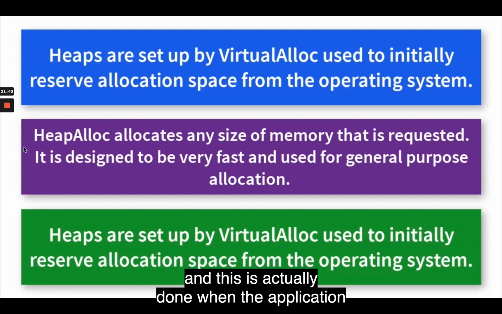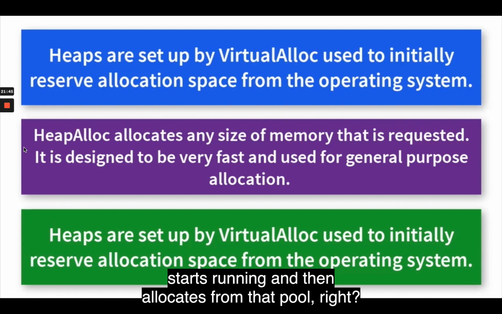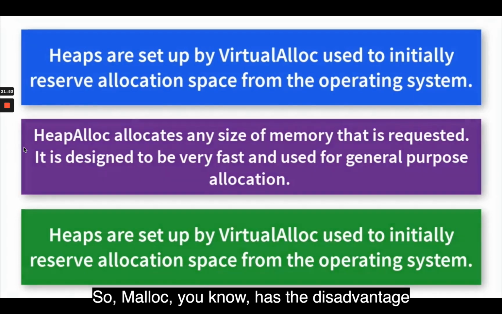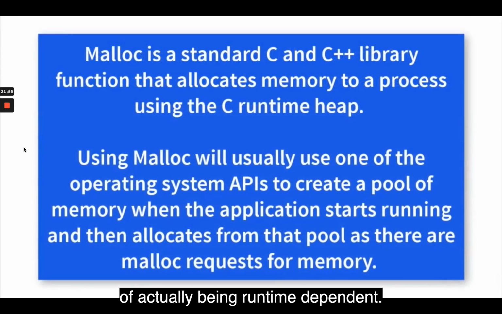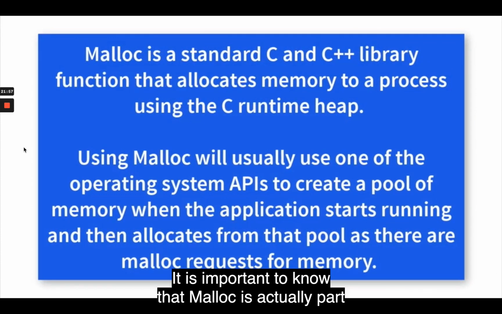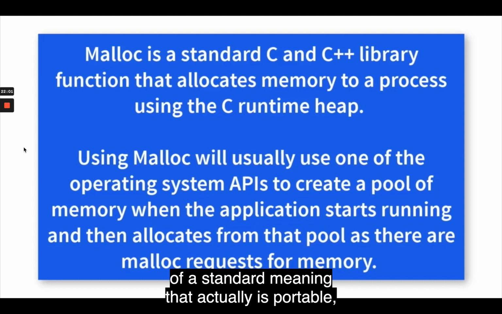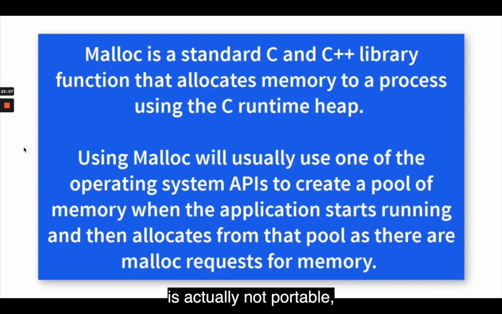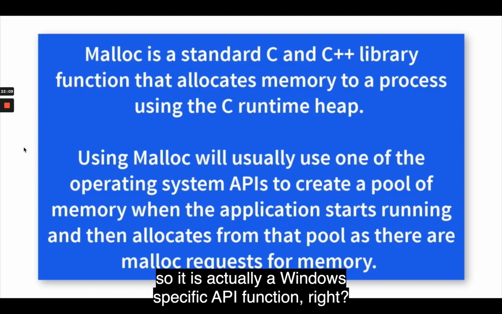And this is done when the application starts running, and then it allocates from that pool, right, as there are malloc requests for memory, right? So malloc has the disadvantage of being runtime dependent. It is important to note that malloc is part of a standard, meaning that it's portable, while the Windows implementation, HeapAlloc, is not portable. So it is a Windows specific API function, right?